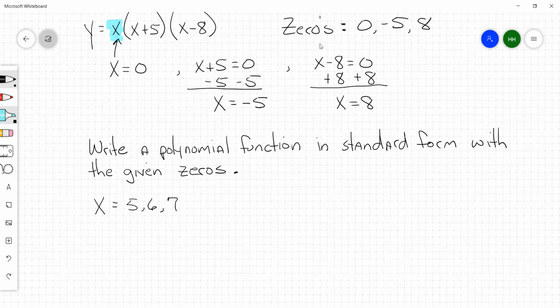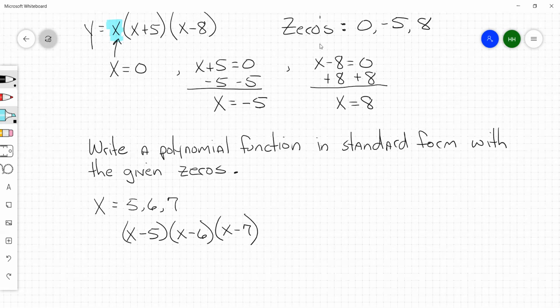So since all of these zeros are positive, here's what your factors are going to look like. You're going to have an x minus 5 times an x minus 6 times an x minus 7. So there's your function in factored form, given the zeros.